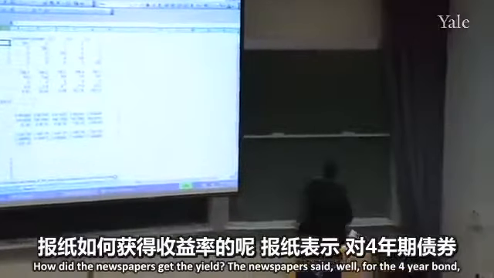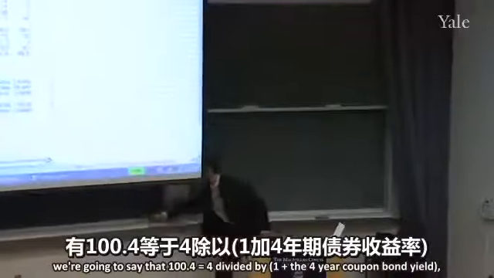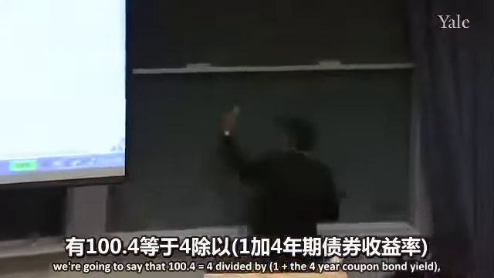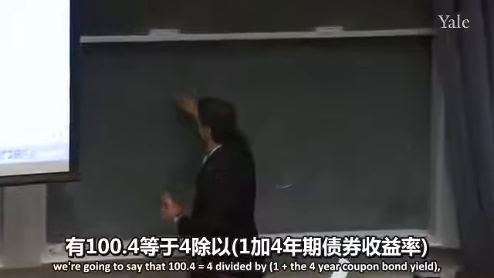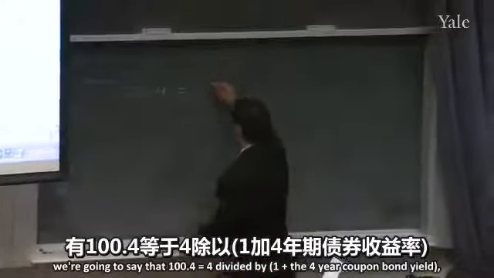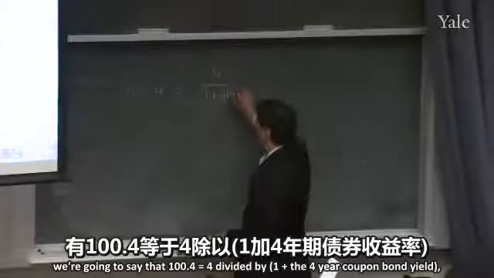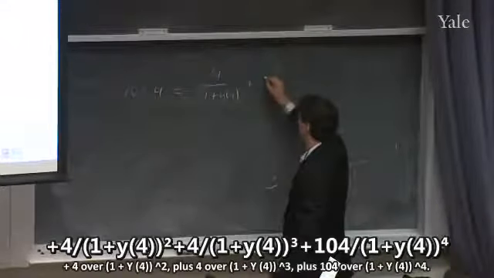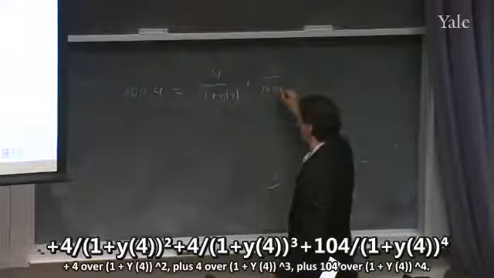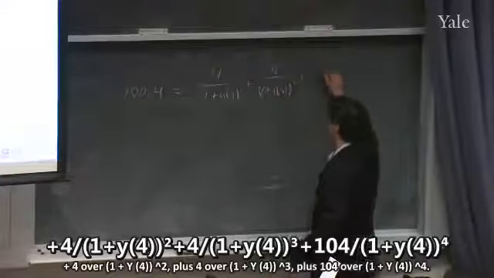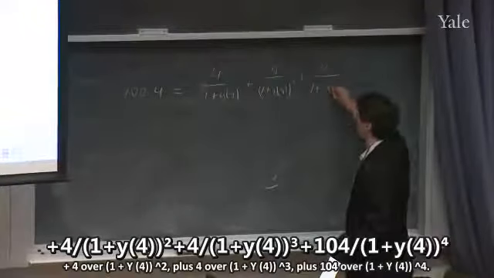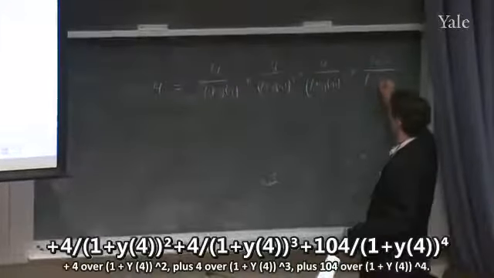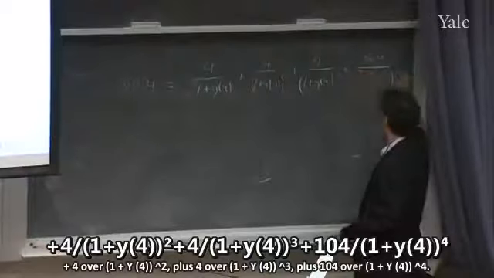The newspaper said, for the 4-year bond, we're going to say that 100.4 equals 4 divided by 1 plus y of 4, the 4-year coupon bond yield, plus 4 over (1 plus y of 4) squared, plus 4 over (1 plus y of 4) cubed, plus 104 over (1 plus y of 4) to the 4th.